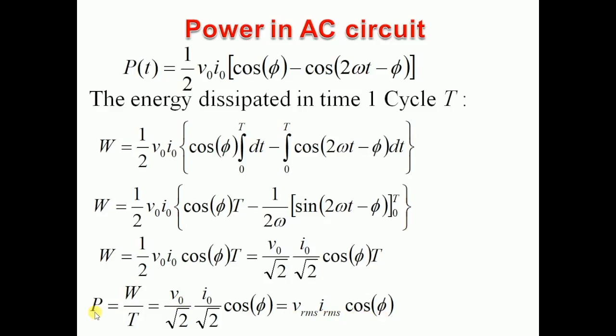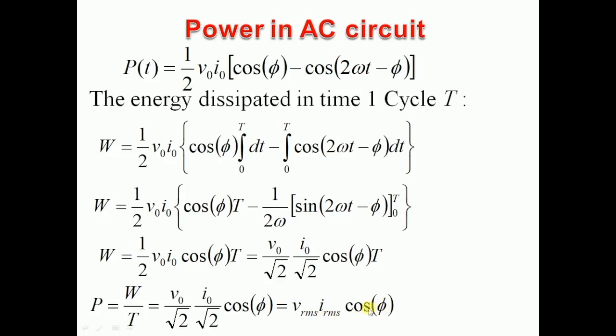So the final equation that we have for power, which is work done per unit time. Here instead of unit time we have one complete cycle describing time, that we call the period of the segment, and power is Vrms Irms into cos of phi.